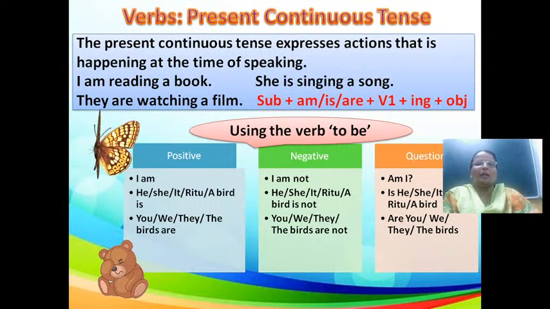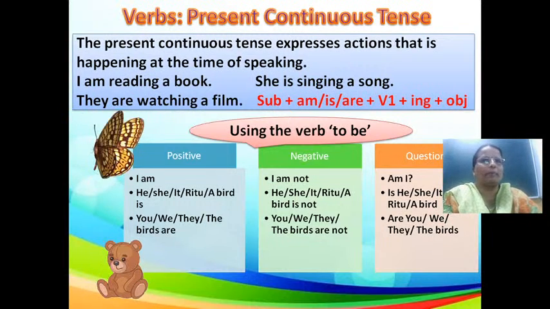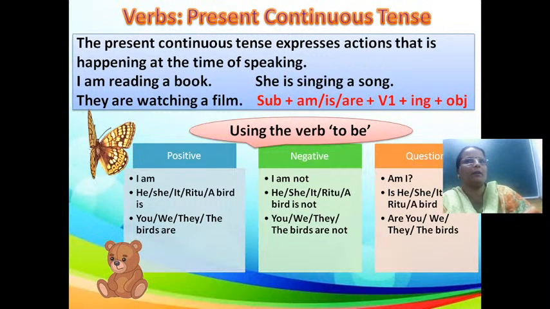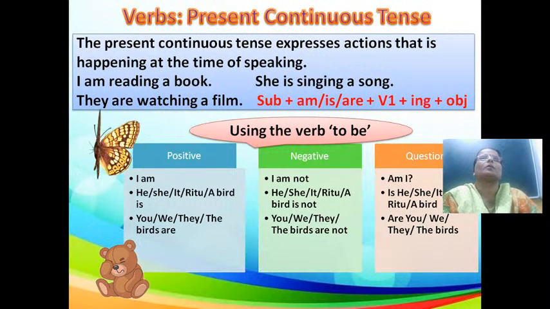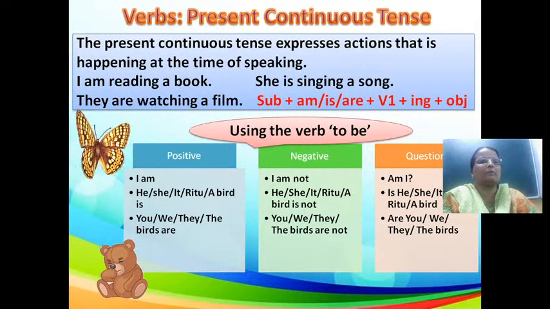Now, how do we use the verb to be? You know, to be is the base form of the verb am, is, are. Okay, am, is, are developed from the base form to be. So, we use am always with only one subject.